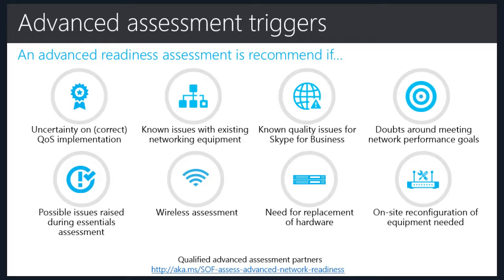Maybe we've got some doubts about meeting those network performance goals because the tests told us so. Maybe our essentials assessment told us that there are issues and they need to be resolved. Or maybe we need to do a wireless assessment, replace hardware, or any of the other triggers you see on this slide. If you go to the AKA link, you can find advanced assessment partners.